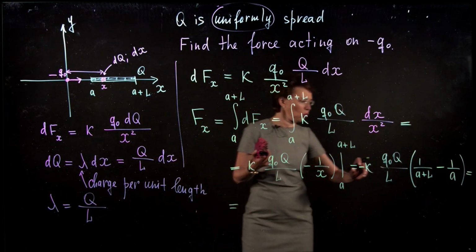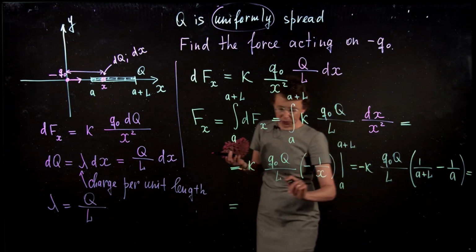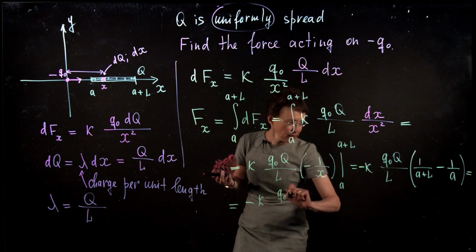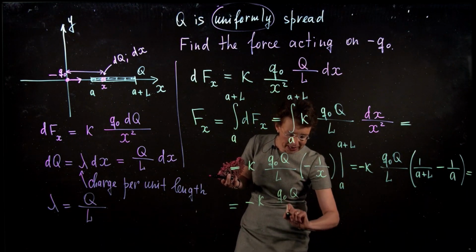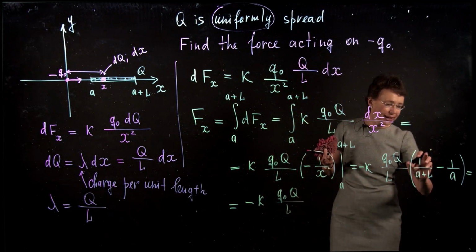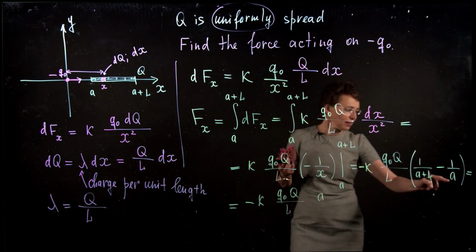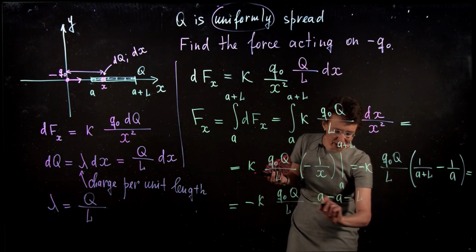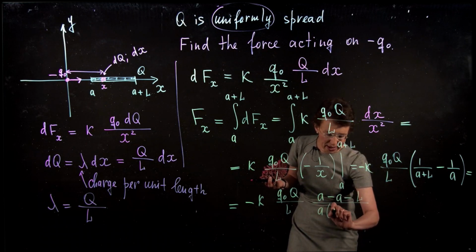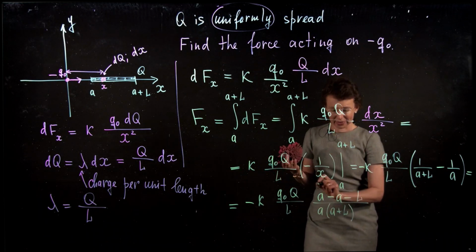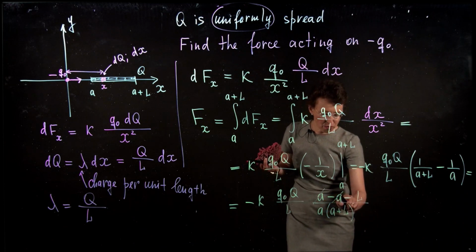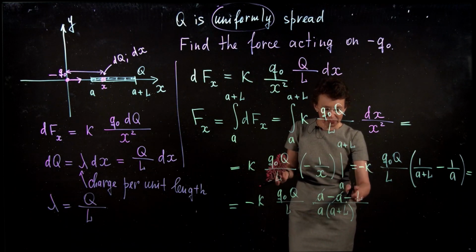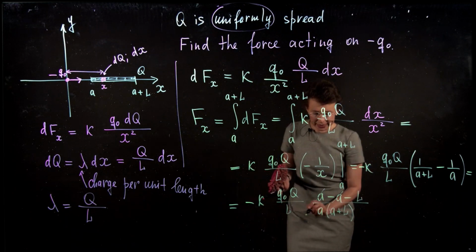Let's bring it to common denominator. So it is minus k, q naught q divided by L. And then I have here a minus a minus L, divided by a times a plus L. I have minus L and minus here, which will be plus L. Then L and L will cancel out.